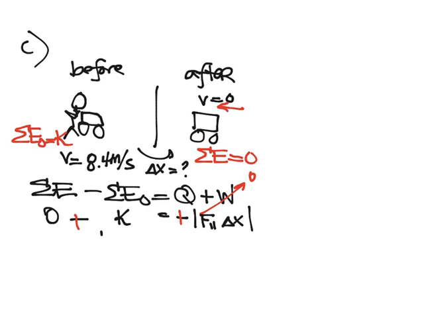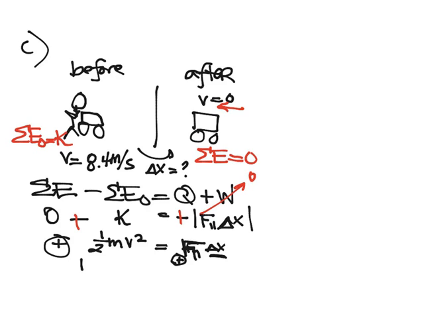And for K, I'm going to fill in 1/2 mv squared, and I'm going to say that's equal to the absolute value of F parallel times delta X. At this point, we can get rid of this absolute value sign, because we're solving for delta X, and we're going to need to divide by the force. We have something positive over here, and we know the size of the friction. As long as we make that positive, we'll get our correct delta X.